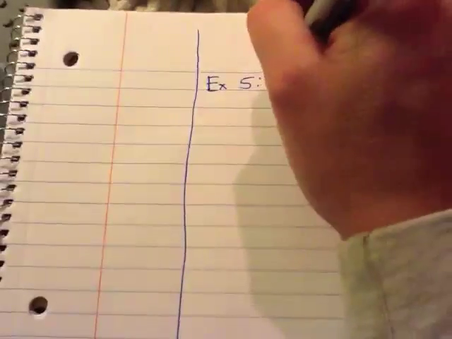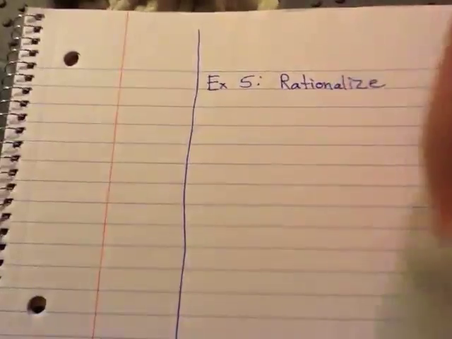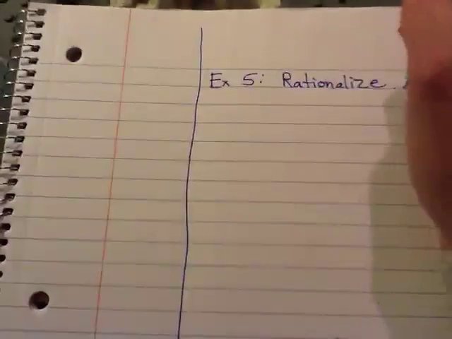So, this is example 5. And we're rationalizing the denominator.